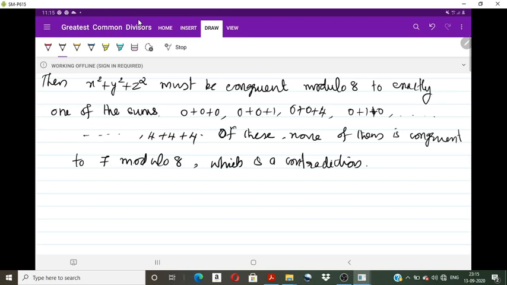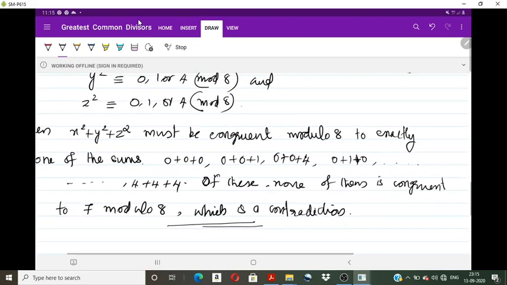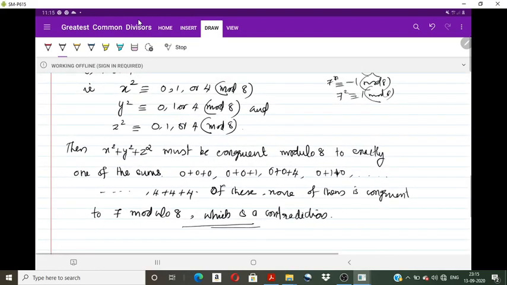Hence it is proved. So there is no integer of the form 8n plus 7 which can be written as a sum of squares.